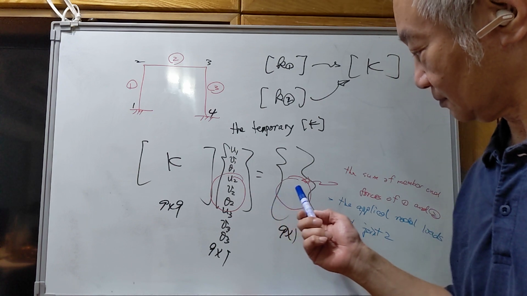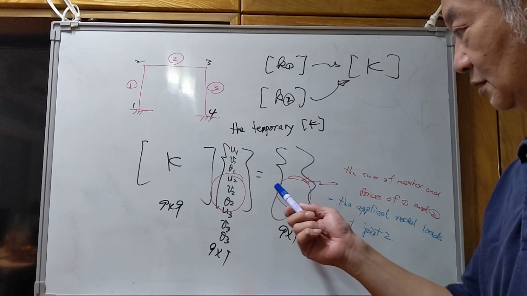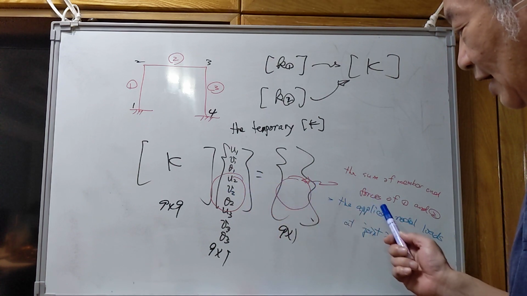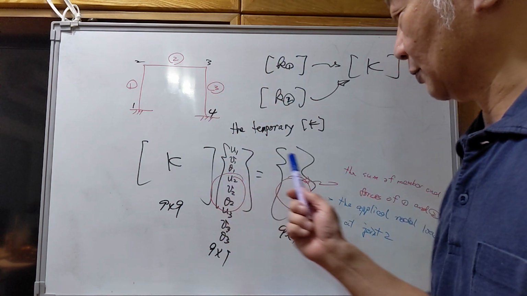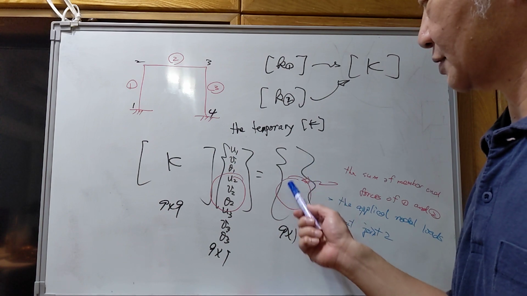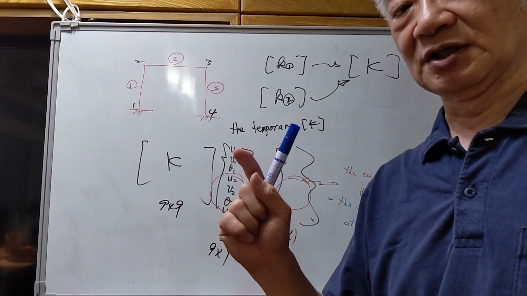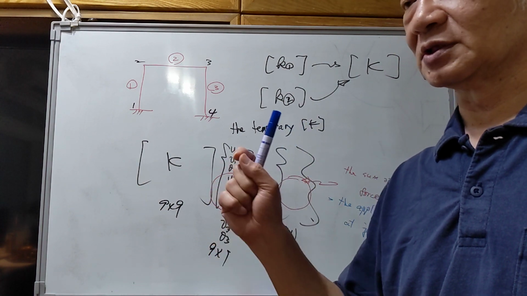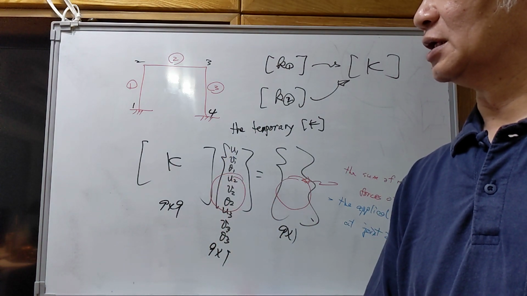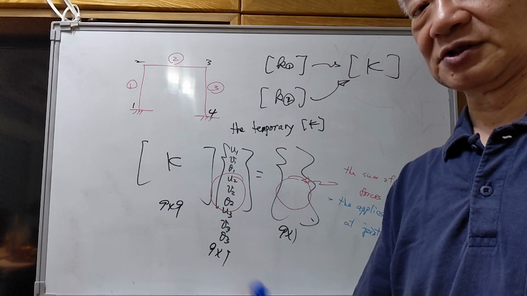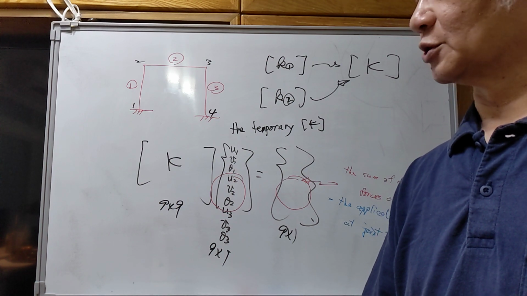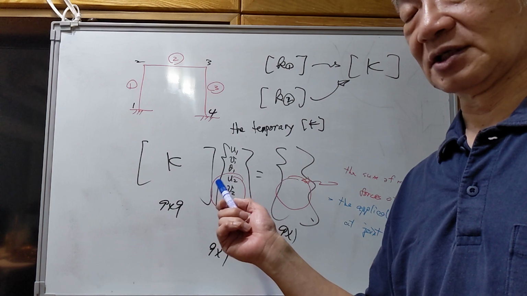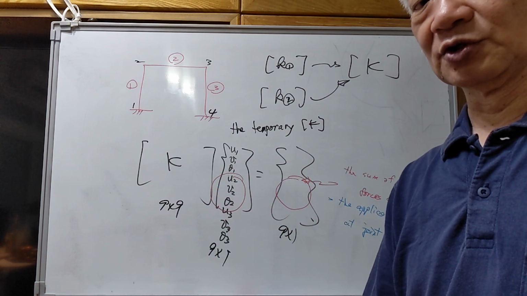So for joint 2, we have assembled element 1 and element 2. Then we know the right hand side force vector should be the applied external loads at this joint. And if we consider the member loadings, it could be the calculated equivalent nodal loads.